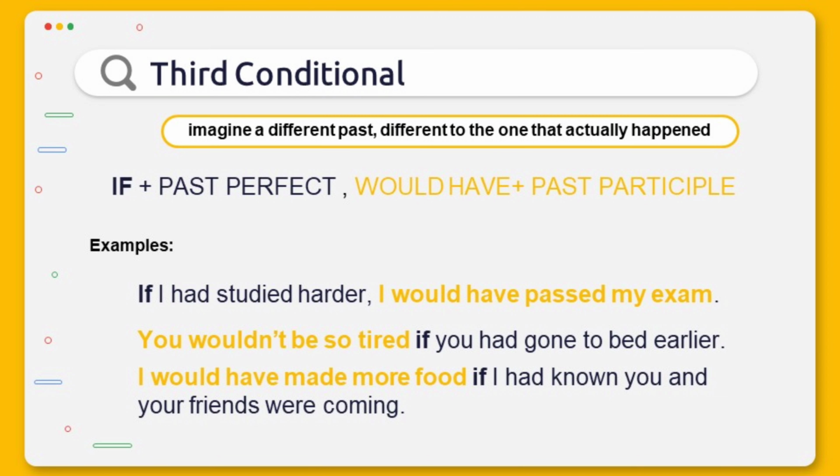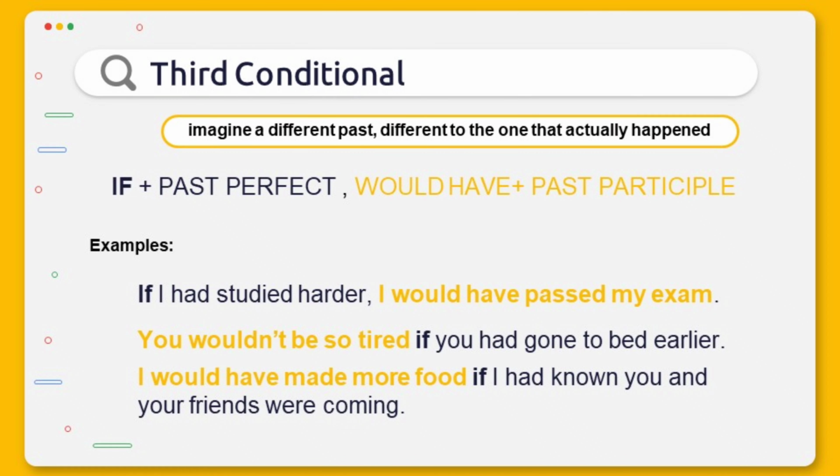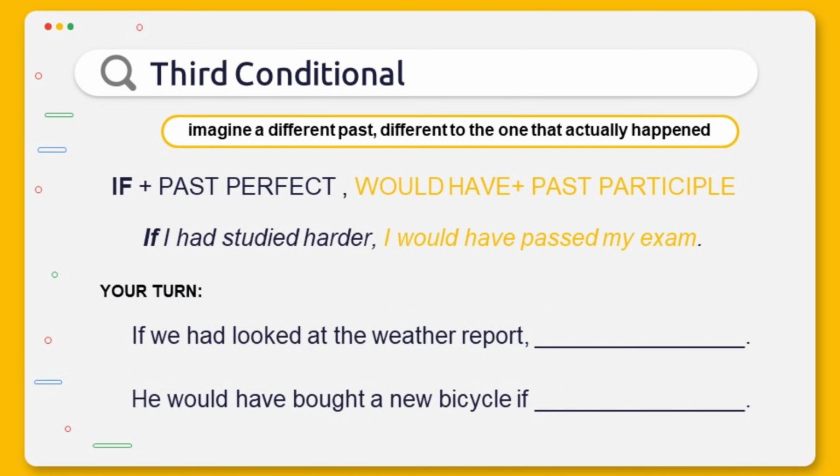The third conditional is very similar to the second conditional. But while the second conditional refers to something unrealistic now or in the future, the third conditional refers to something unrealistic in the past. We often use the third conditional to express regrets, describing things we are sorry happened or didn't happen. Alright, it's your turn now to complete these sentences.